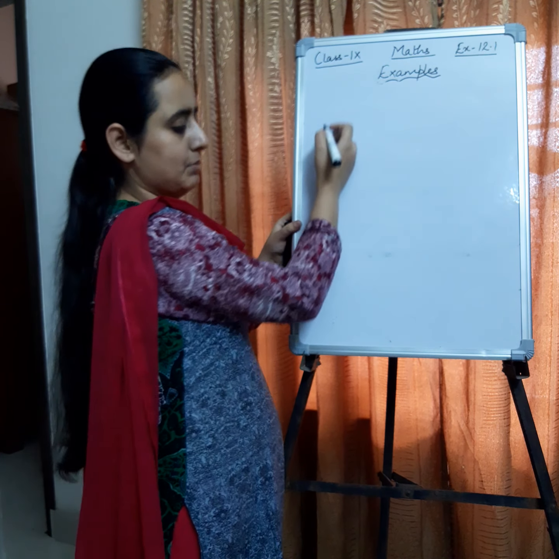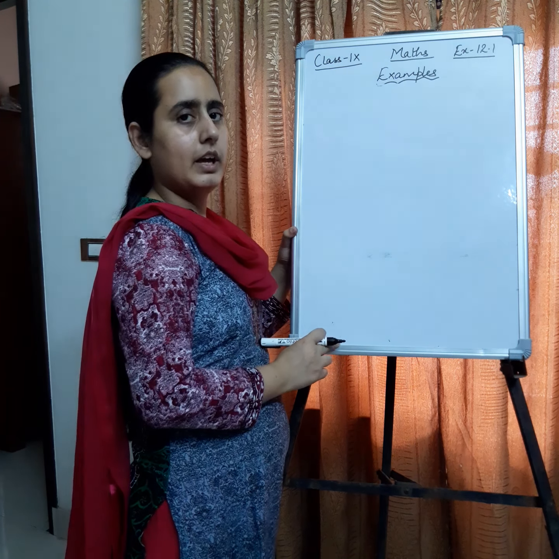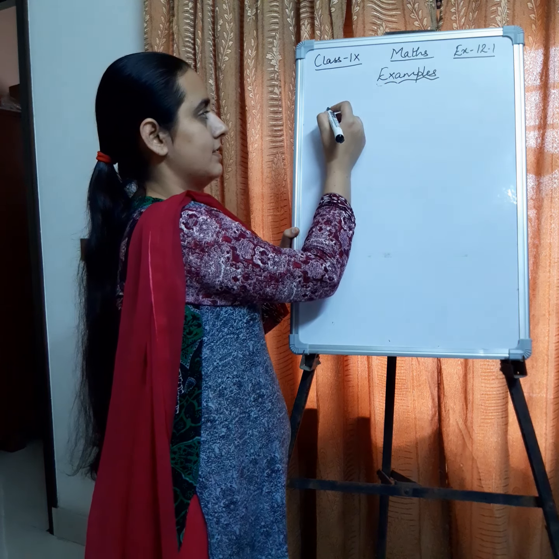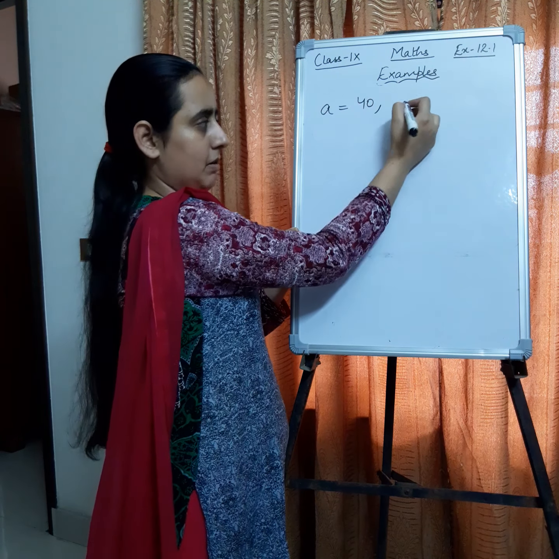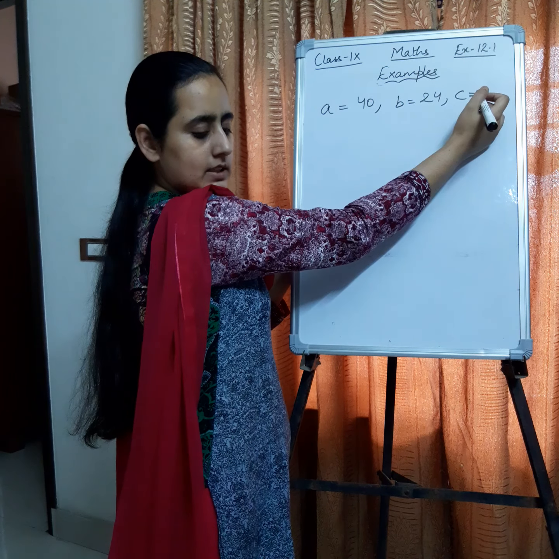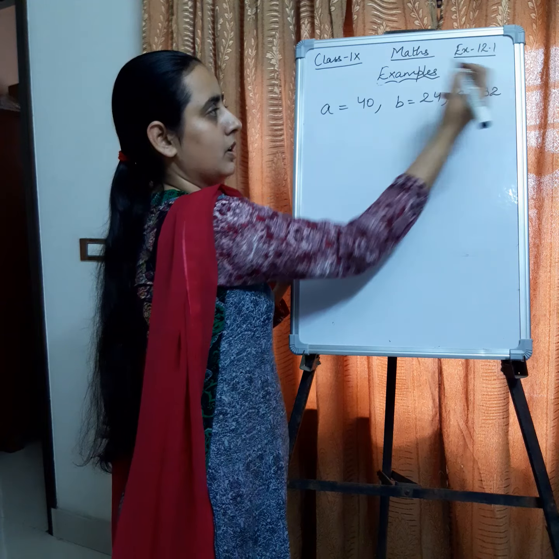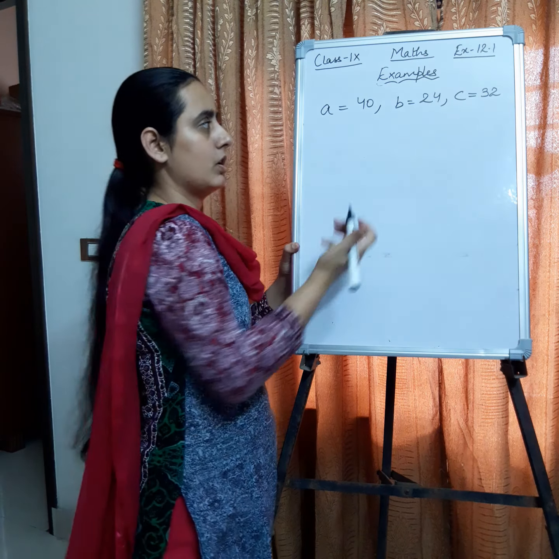The first example in the book asks us to find the area of a triangle where three sides are given. We are writing the sides as A is 40, B is 24 and C is 32. For using Heron's formula, what is the formula?